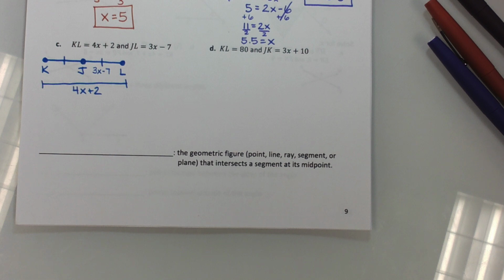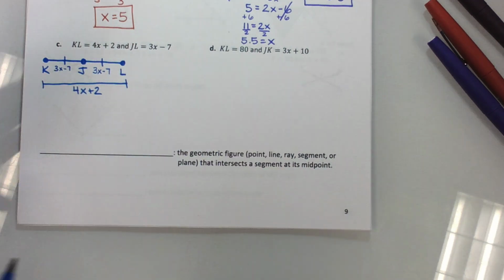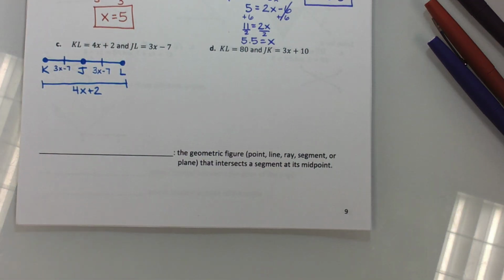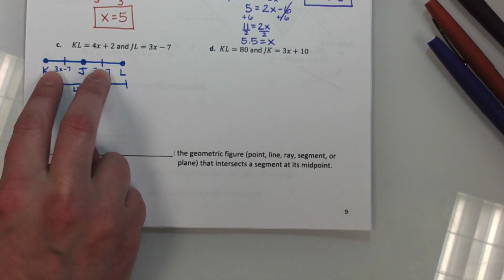But these things mean they are the same, which means over here I can also put 3x minus 7. Now, one common mistake I see people do when they do this is then set an equation 3x minus 7 equals 3x minus 7. That's not going to help you. You only set these two equal if you know them as different things.